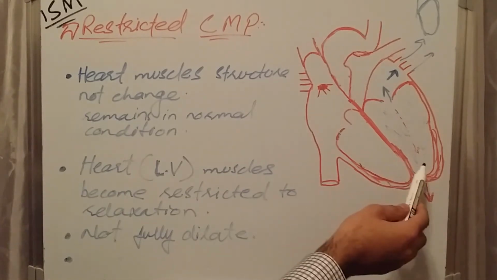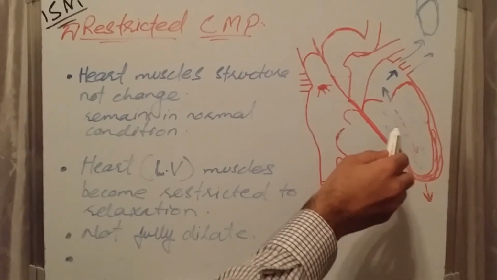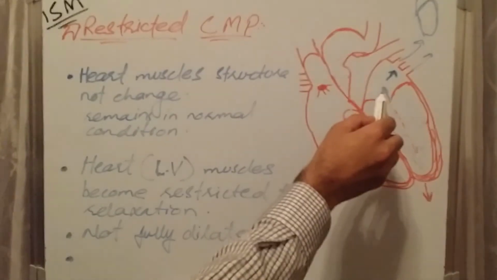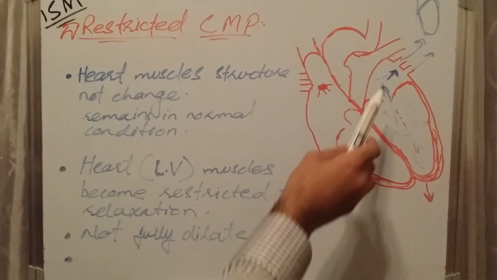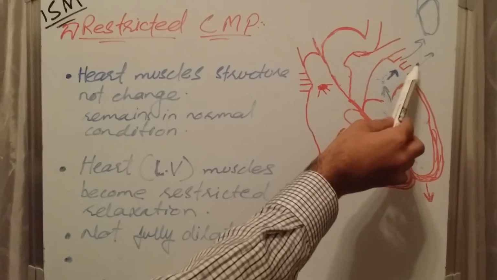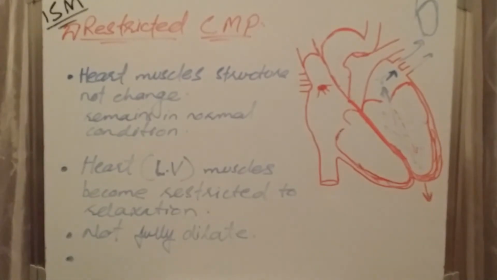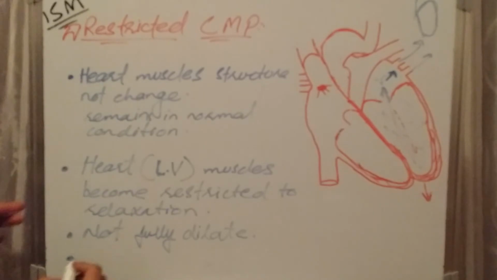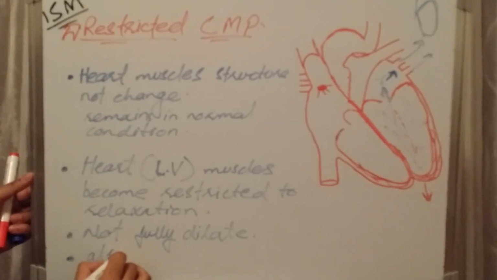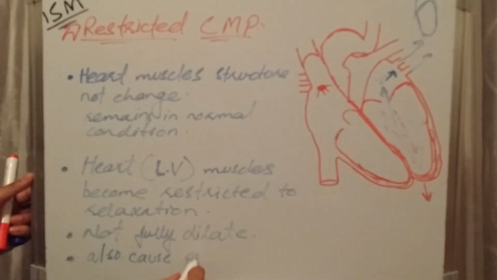less blood will come into the ventricles, and this again creates a pressure on the atrium, and this again creates a pressure on the pulmonary veins, and it also creates a pressure on the capillaries in the lung, and this again causes pulmonary edema.